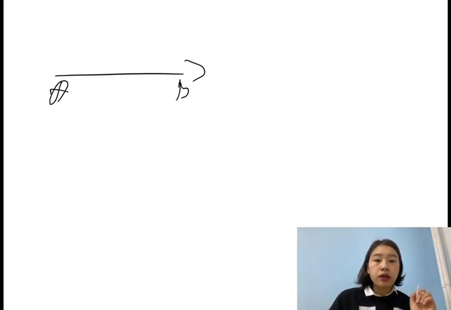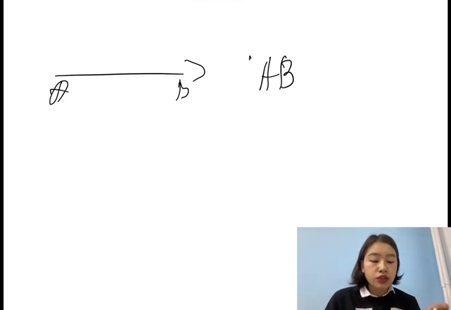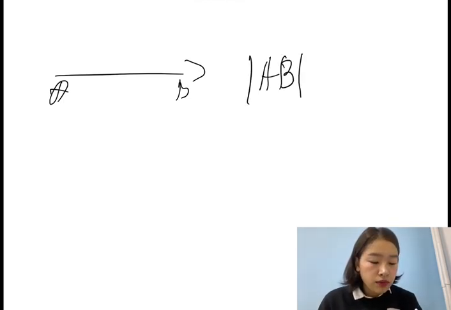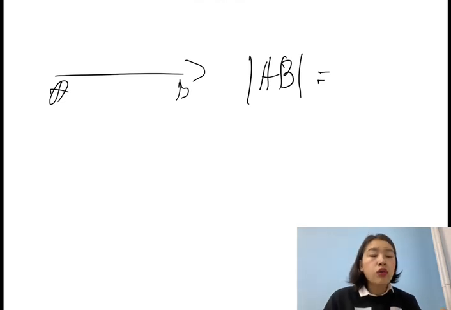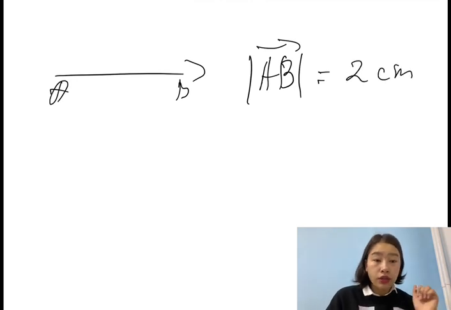Our vector helps you to achieve your goals. How? If you want to achieve a goal, you must be like a vector. For example, the AB vector, yeah, here. Our AB vector has a length, which is equal to, for example, 2 centimeters, yeah. We can write the length as in modulus.